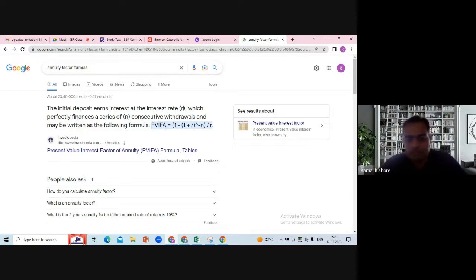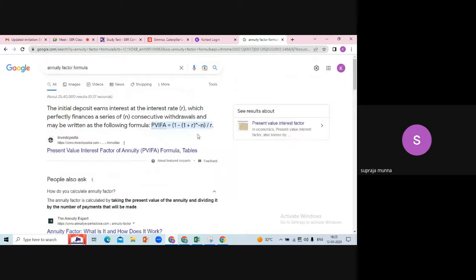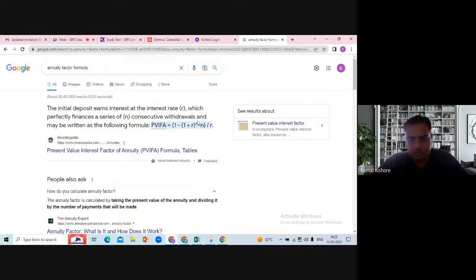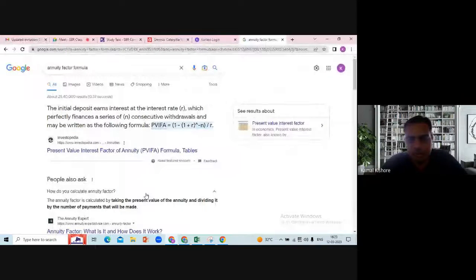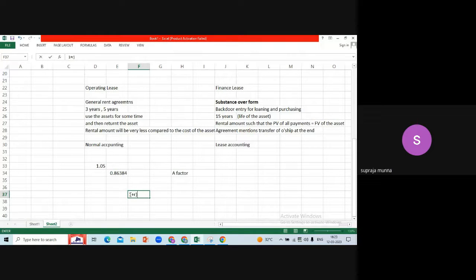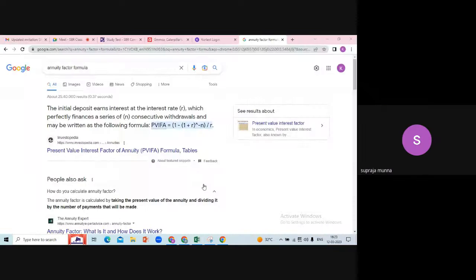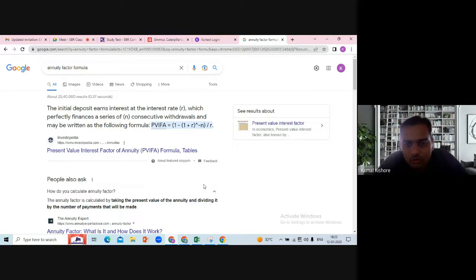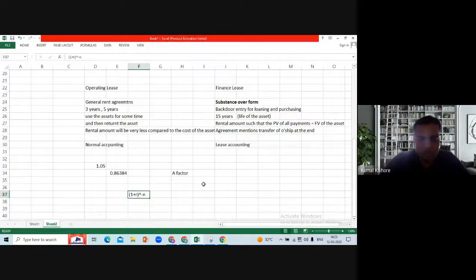This one. PV, present value, is equal to 1 minus, okay, it looks complicated, but it's not that complicated, 1 plus R, the rate of discount, the whole power minus N, divided by R.